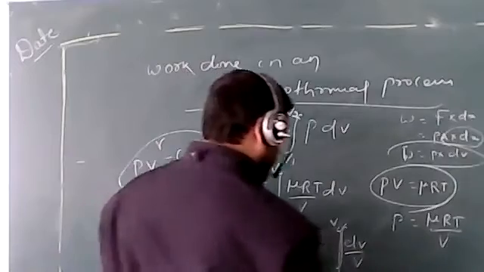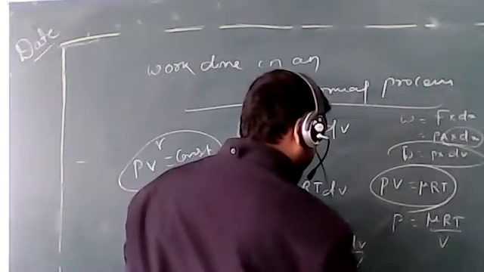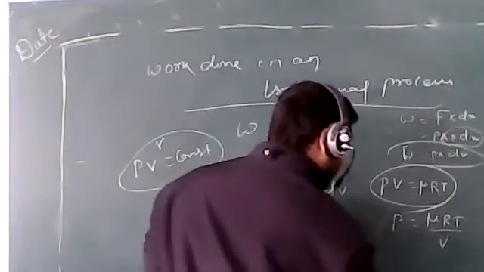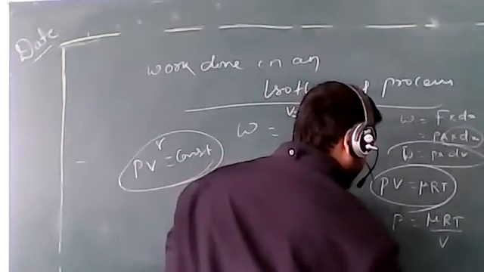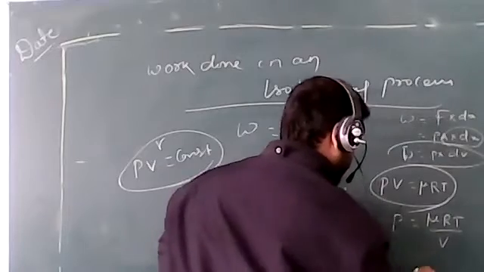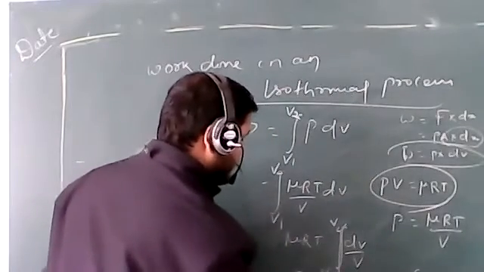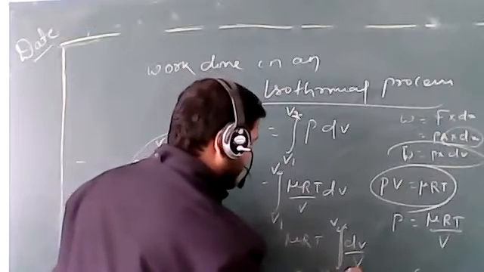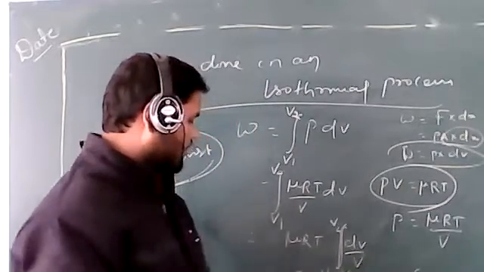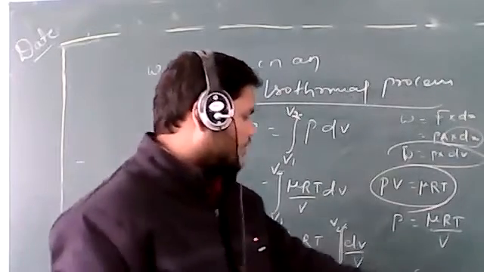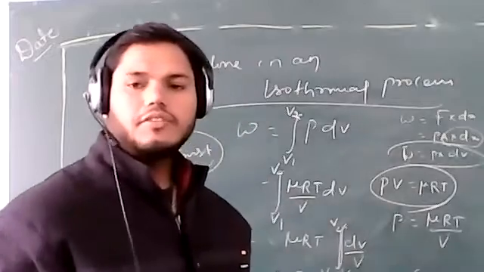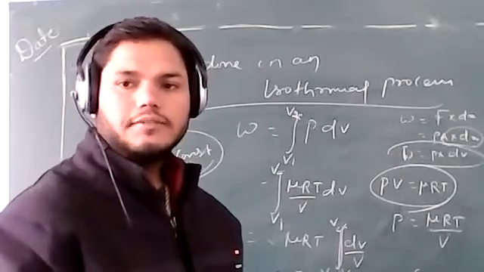You just put in the upper limit and the lower limit: from the upper limit V2, ln V2 minus ln V1.